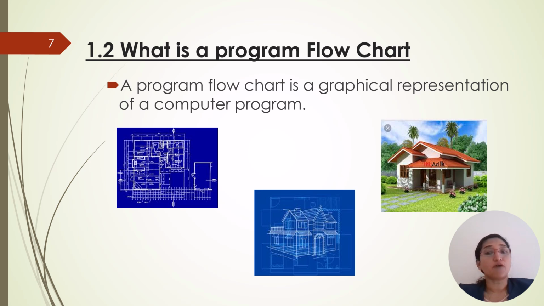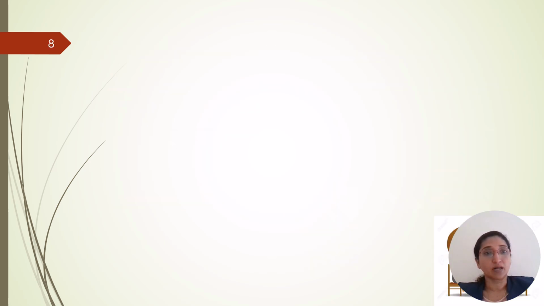So it's far better to spend some time and confirm that what you're going to construct is what you really, really want. It is important time-wise, cost-wise, and effort-wise. So a program flowchart is something similar to a blueprint of a house.